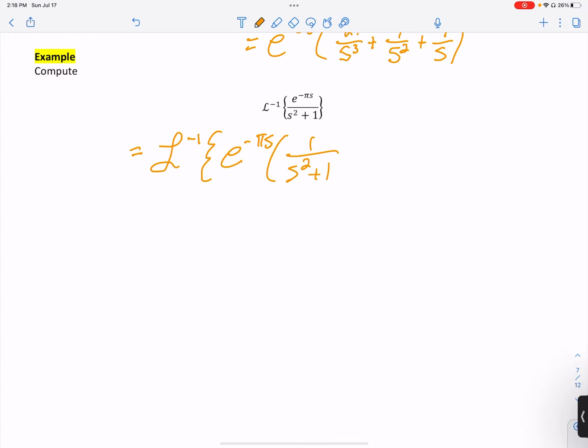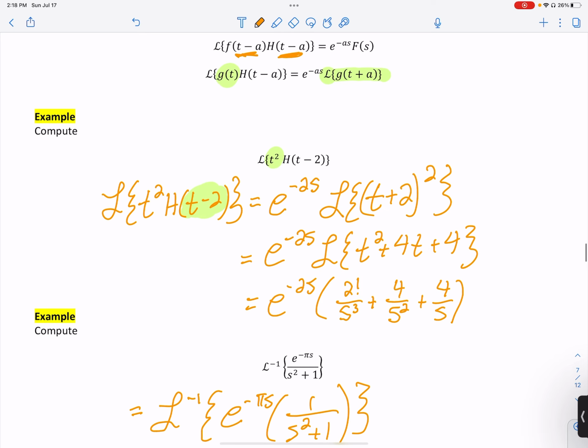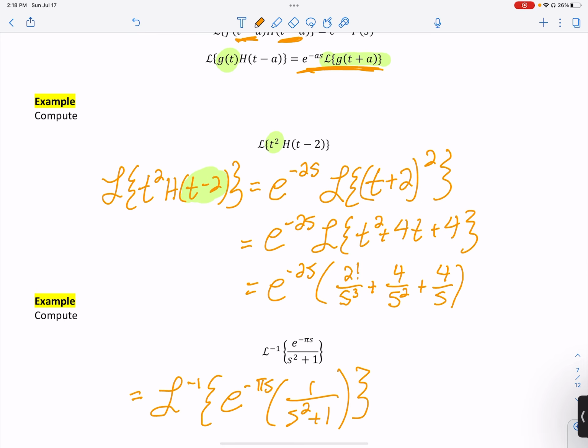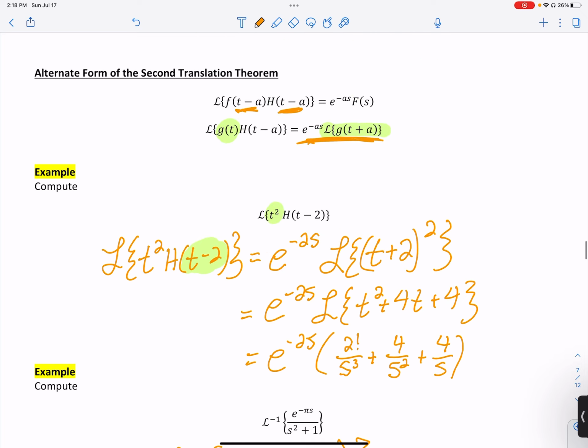S squared plus 1. This looks like the right side of the formula up here. So we get e to the negative as. That's going to give me the Heaviside. So I'm going to write Heaviside t minus pi. I know that. And then it says, okay, whatever this is, to go backwards is just going to be that function.